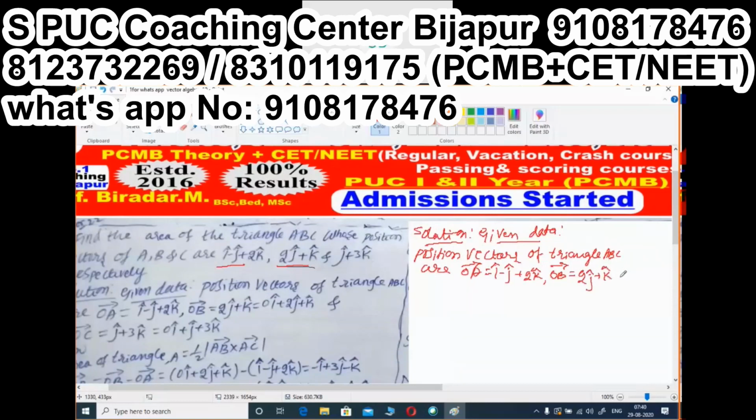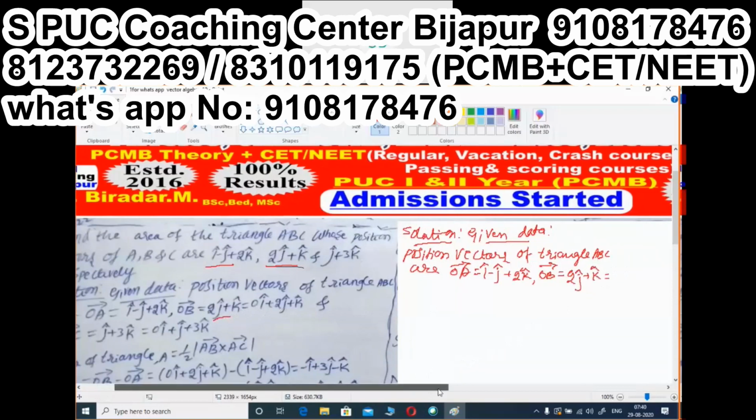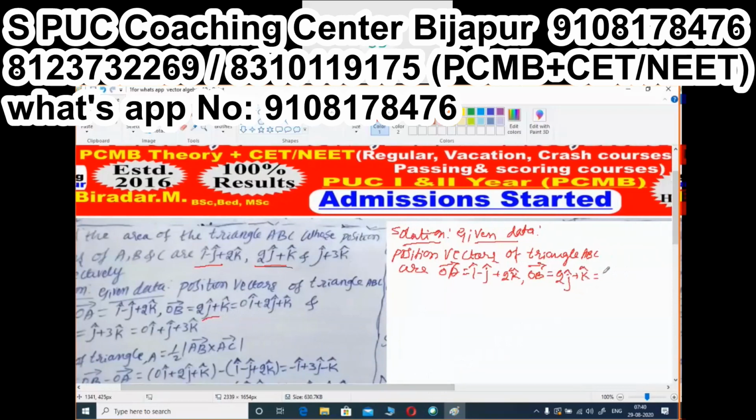Here the i term is not there, so write 0 times i cap plus 2j cap plus k cap.